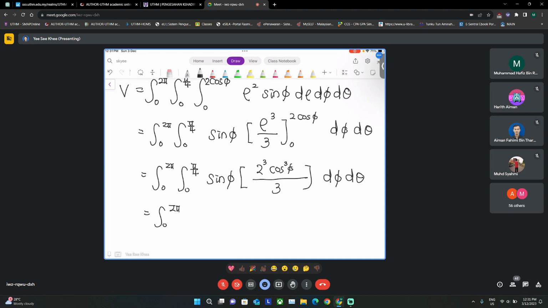Here comes the calculator. Sin phi multiply cos phi power 3. Okay, and then 4, so we get 8/3.